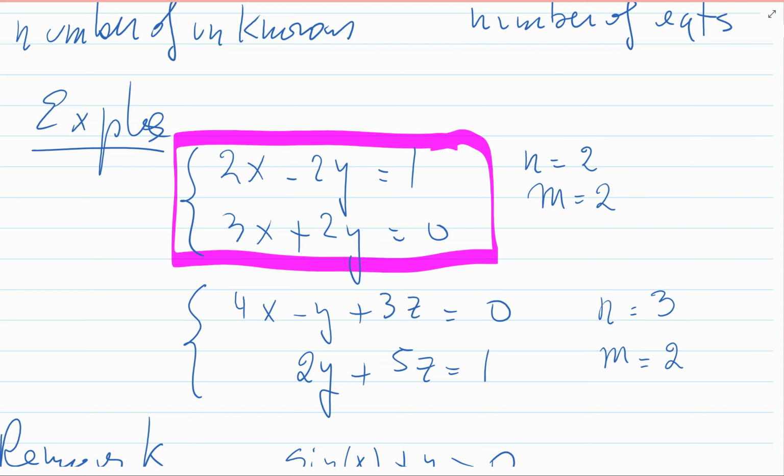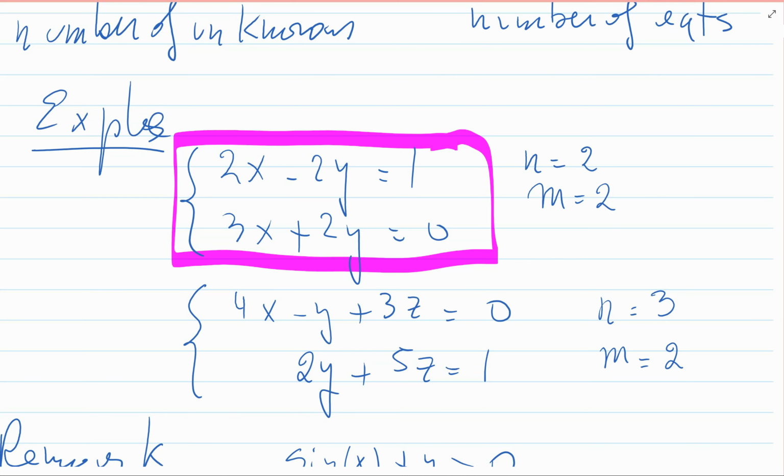In this example that I'm looking at right now in pink, the first equation is the one at the top, 2x minus 2y equals 1, and the second equation is 3x plus 2y equals 0. Therefore, what is the coefficient of x? This question by itself cannot be answered.